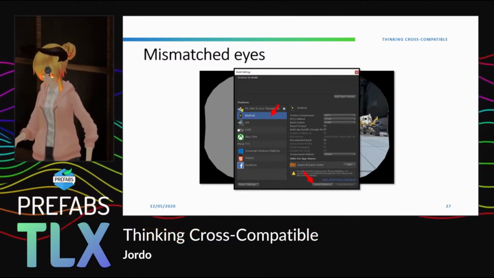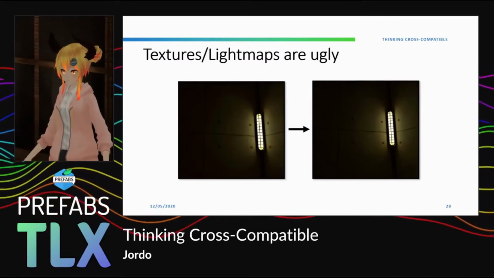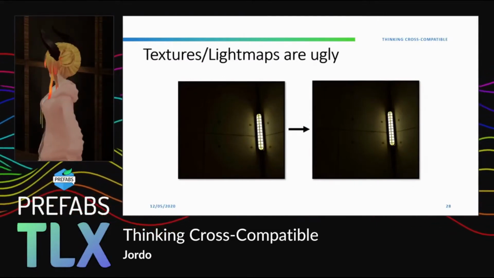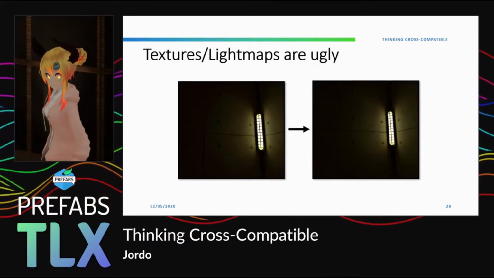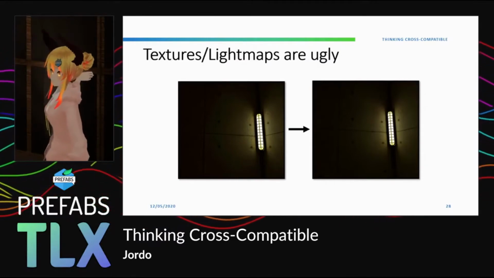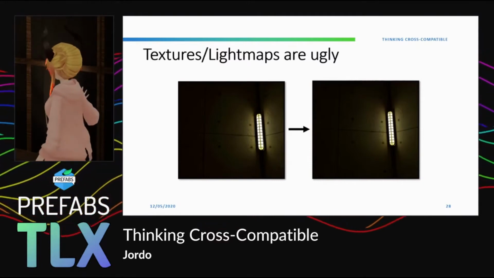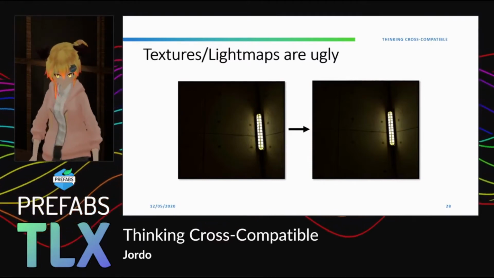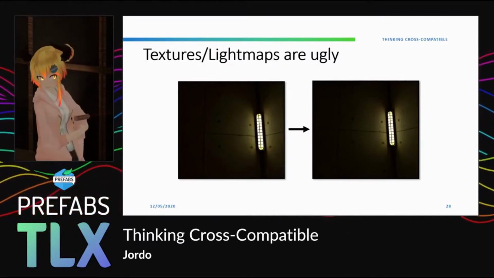Another issue you could run into is textures or light maps, especially light maps, being ugly. Trust me, in the video, it's way clearer. Check the video afterward. In VR, it's not visible. But you can see a lot of artifacts here, again, on the video.